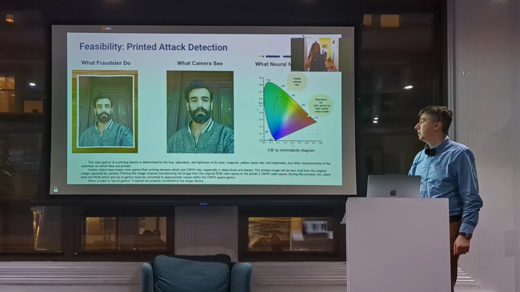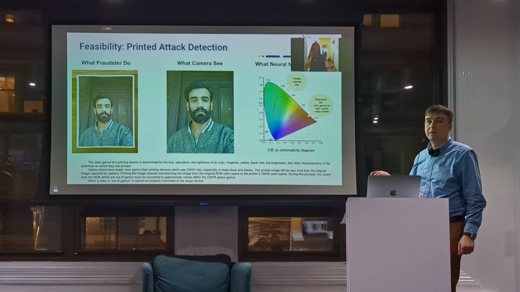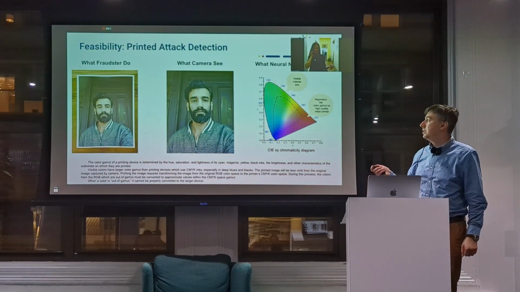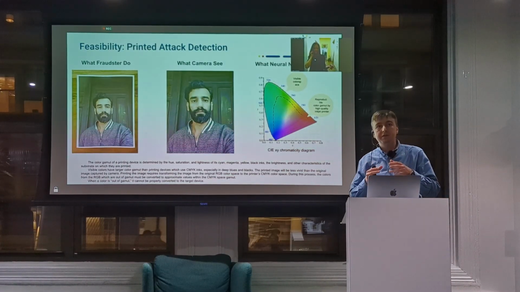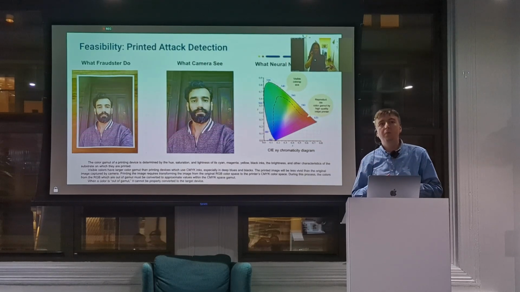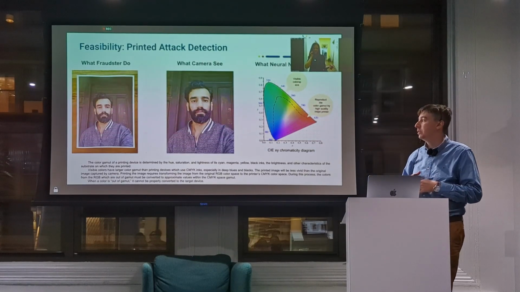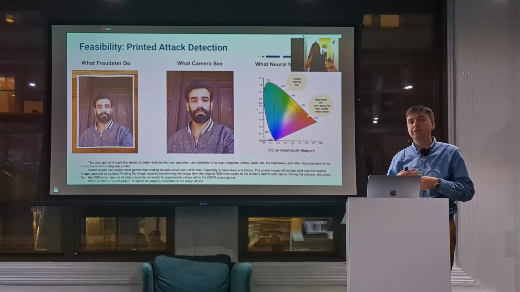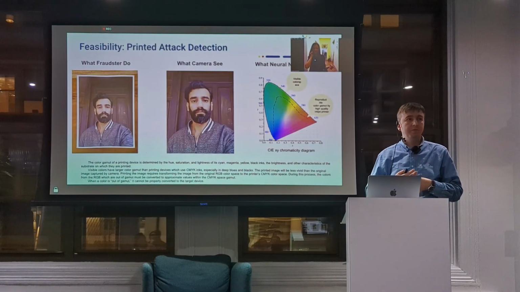Actually, if we look at the chromaticity diagram, it's called gamut. You may see that real faces or real images have a wider diagram compared to the images printed using a printer, because the printer cannot reproduce the full spectrum of colors.